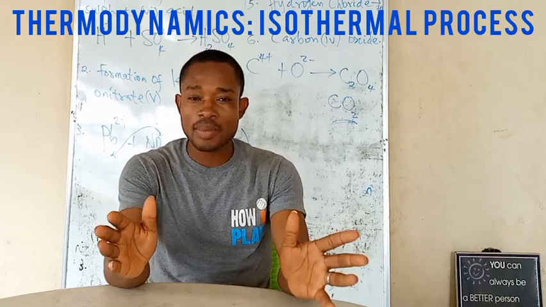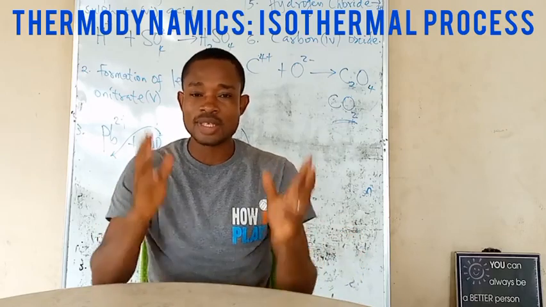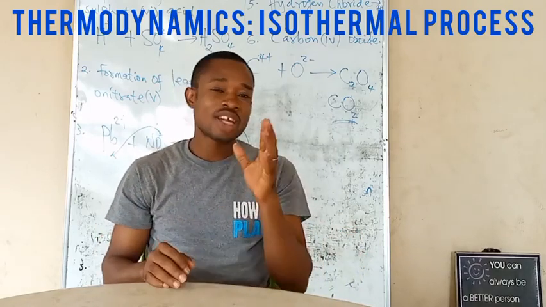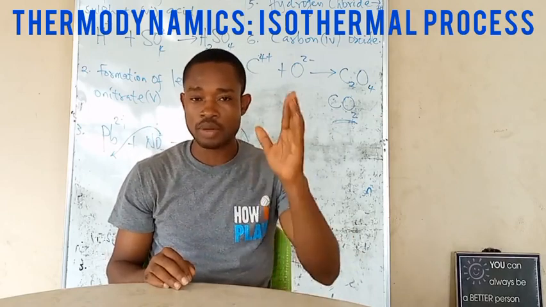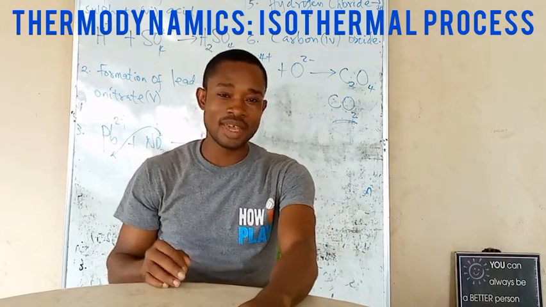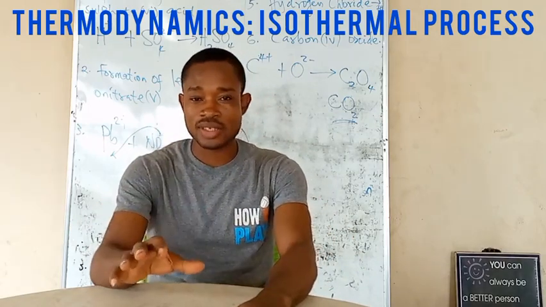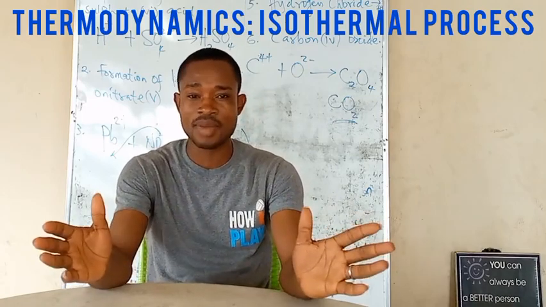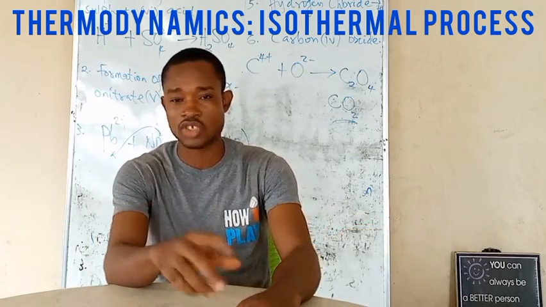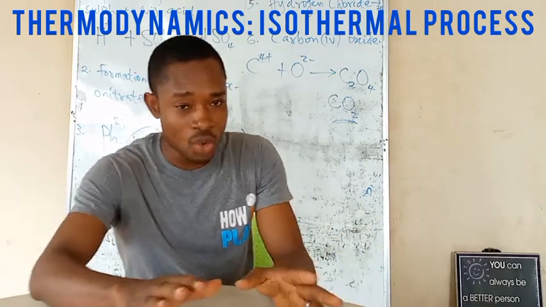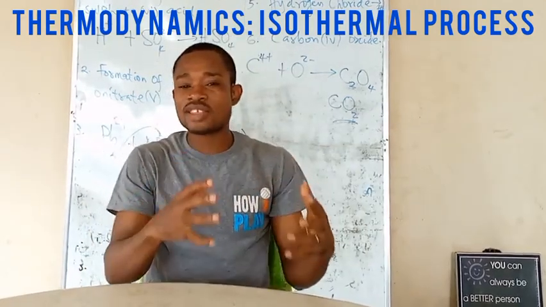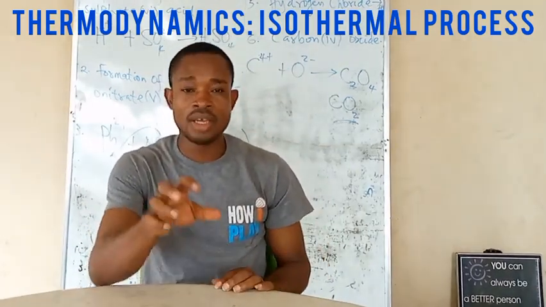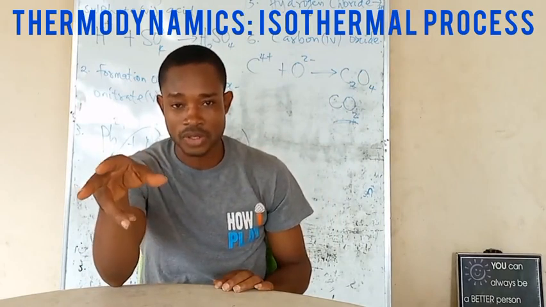And when we talk about isothermal process, we simply refer to the constant temperature process. What does that mean? In isothermal process, temperature as a thermodynamic variable is kept constant. And so in this video, we shall look at the first law application in isothermal process.